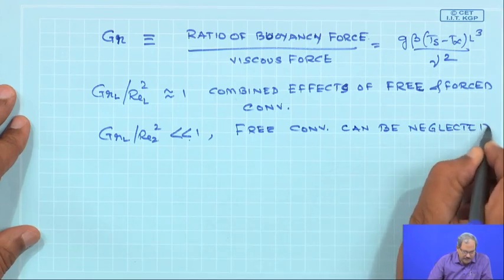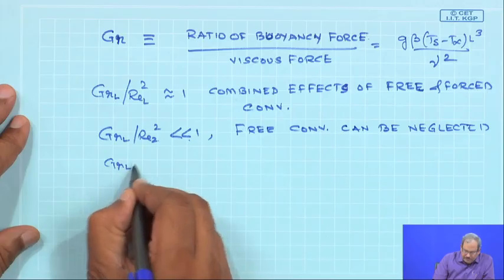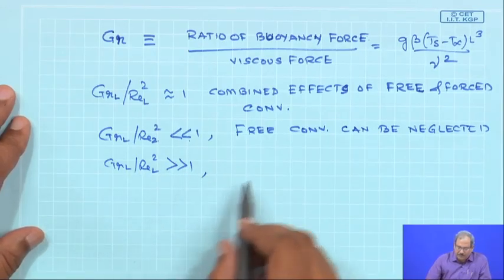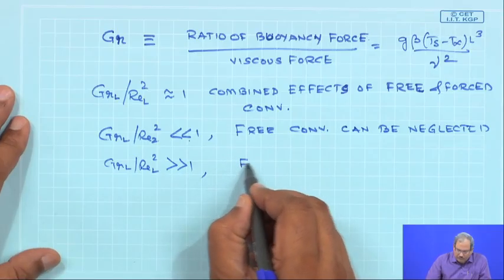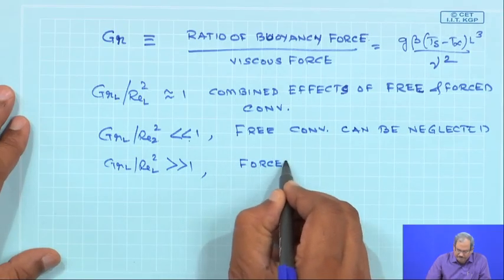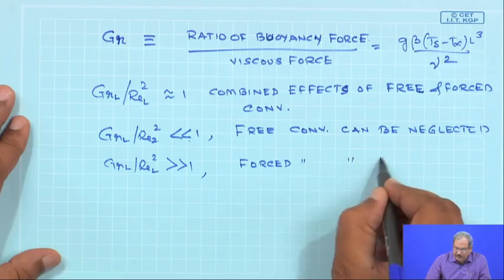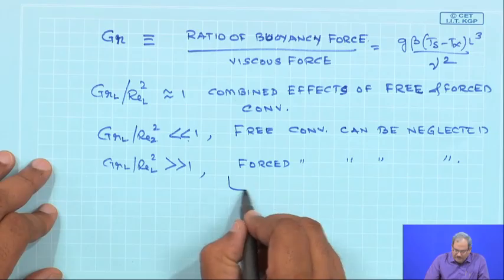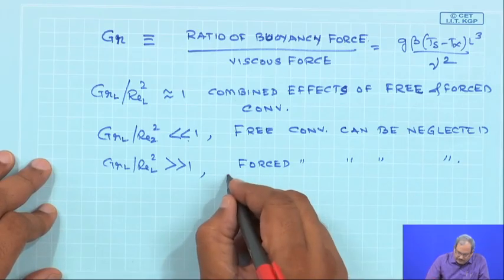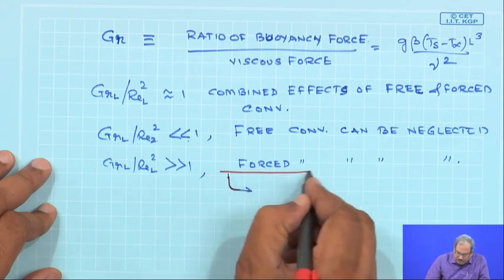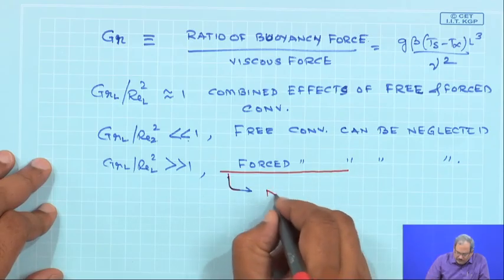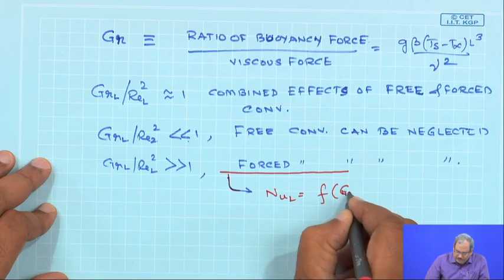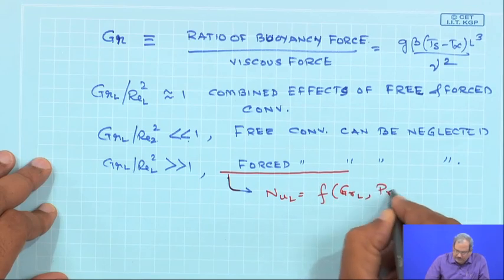On the other hand, if the Grashof number by Re_L square is way larger as compared to 1, then the forced convection effects can be neglected. For that special case, Nu_L would simply be a function of Grashof number based on length and Prandtl number.